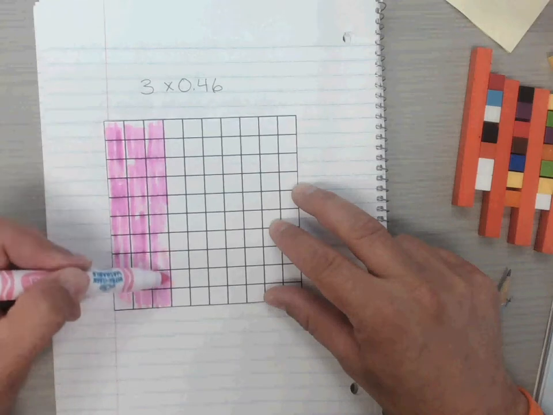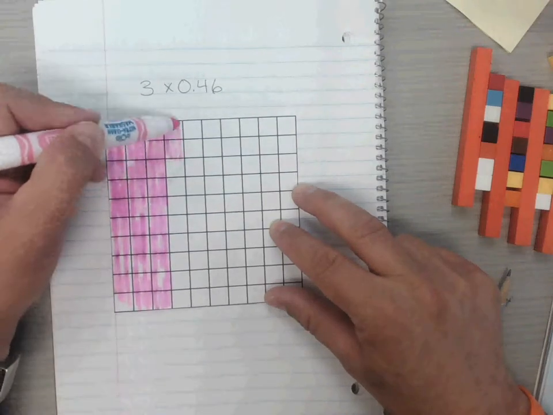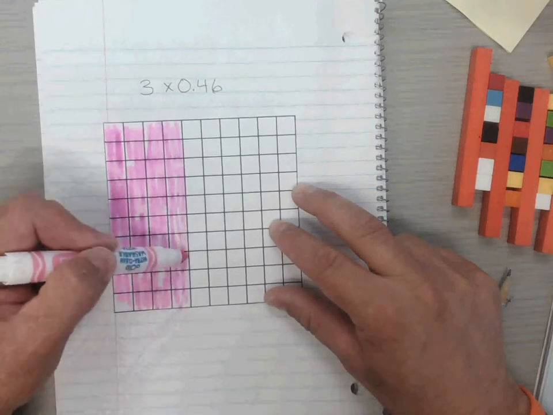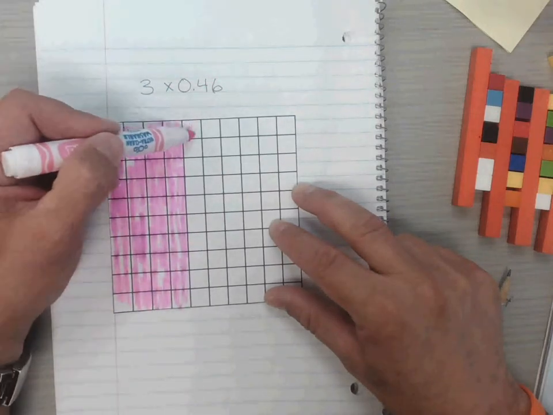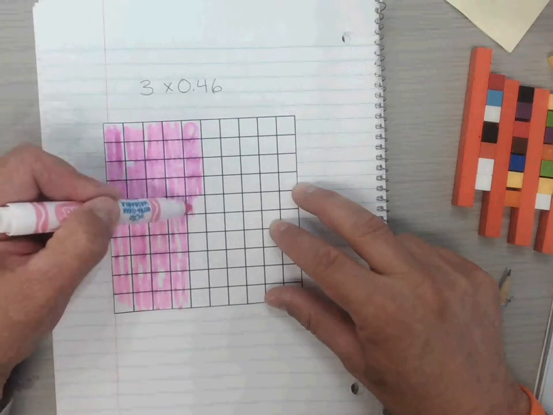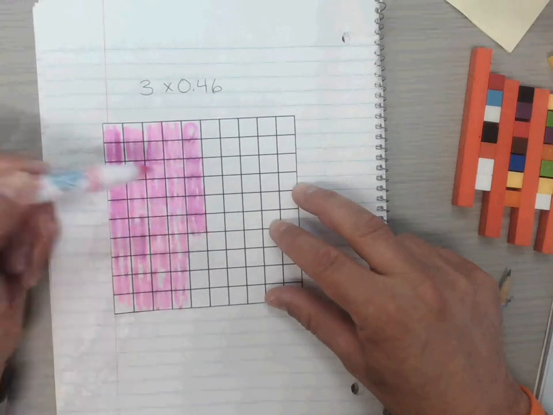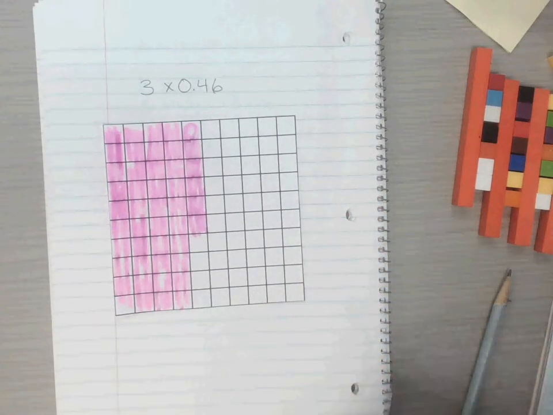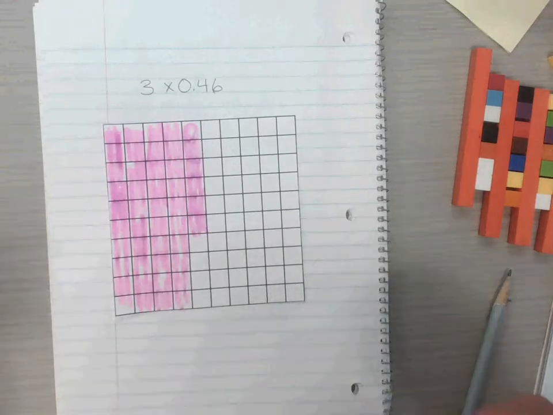There's 4, so 4 tenths. And then I'm going to color in 6 hundredths. So 1, 2, 3, 4, 5, 6. So there's 46 hundredths. Okay, but I don't need one group, I need 3 groups.